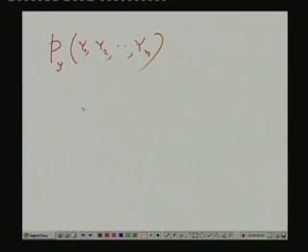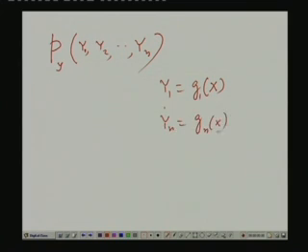We have to find out. For that, first we solve these equations. By solving, each component of the vector x, that is x1 up to xn, will be written in terms of y1 to yn, as I told before.